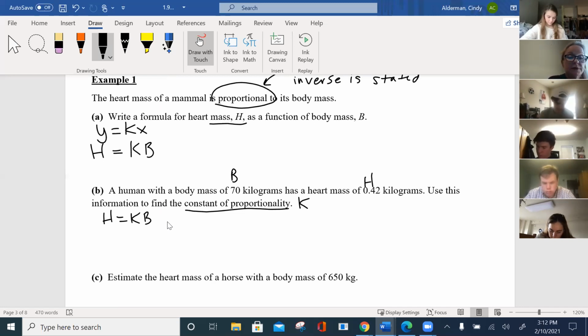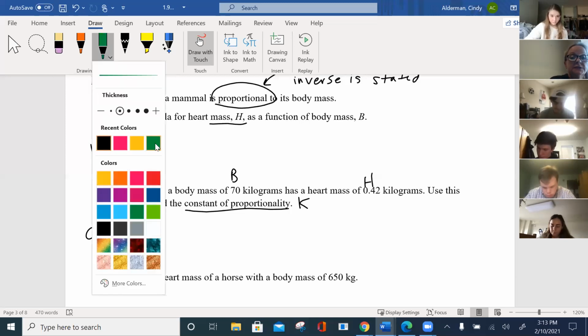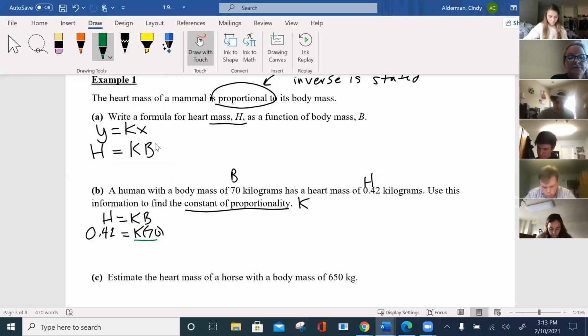We're going to plug in what we know, which is 0.42 for heart mass, k the constant of proportionality, and 70 for body mass. Now, all we're going to do here is just solve for k by dividing both sides by 70. So k is equal to 0.006.